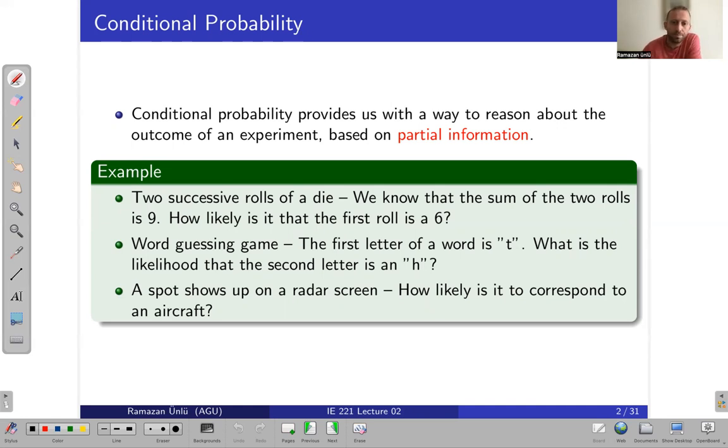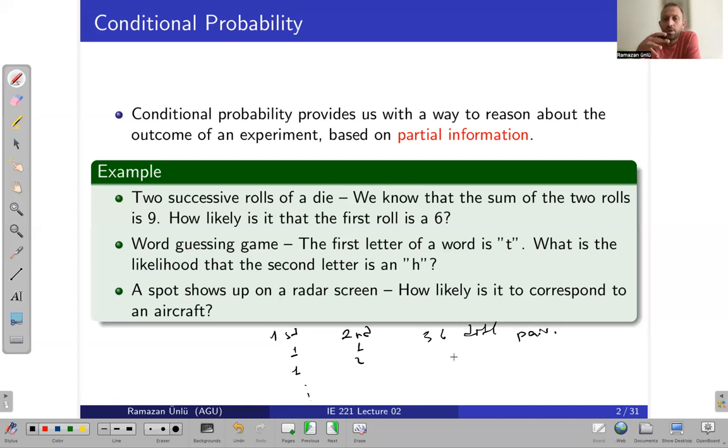So let's say we have the first roll and the second roll, right? This can take values like 1,1, 1,2, etc., and there are 36 different pairs.